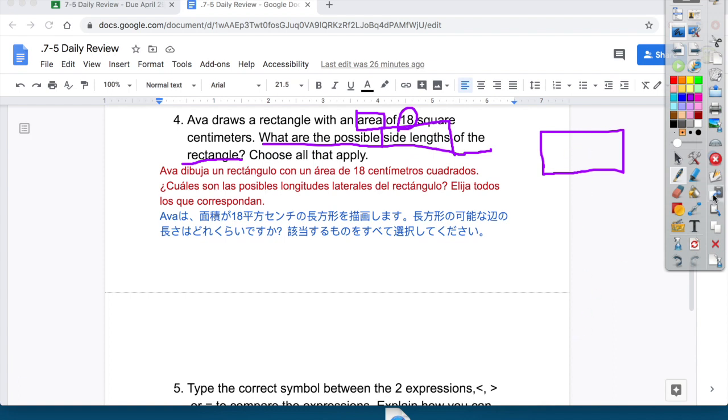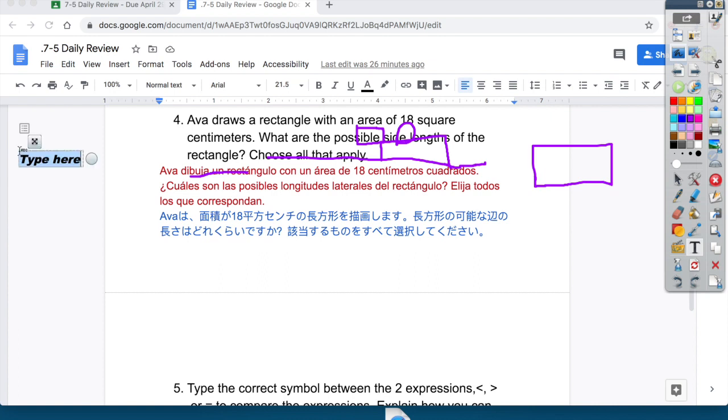Now, let's look at what we know. What do we know? We know the area of the rectangle is 18.